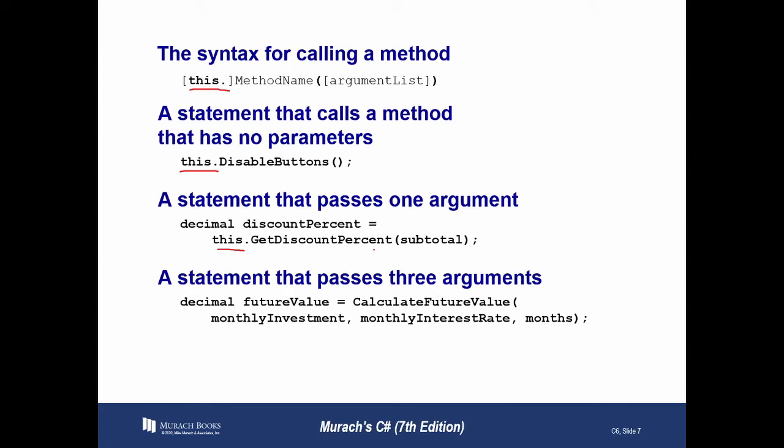It's typically done when you're defining your own class or using a class. That kind of syntax is typically confined to inside of a class. So if you were looking inside your class, you'd say this.DisableButtons, and it would call a method that is available inside the scope of the class.